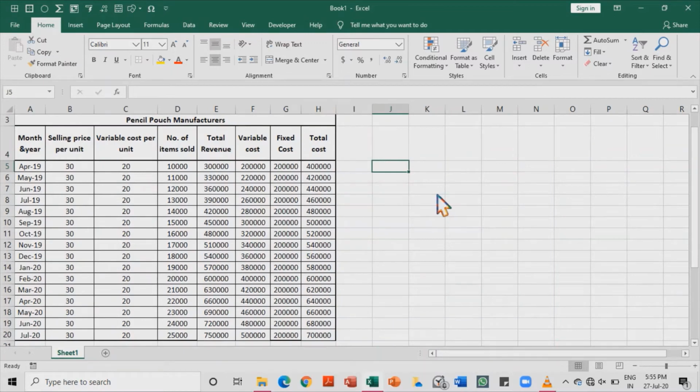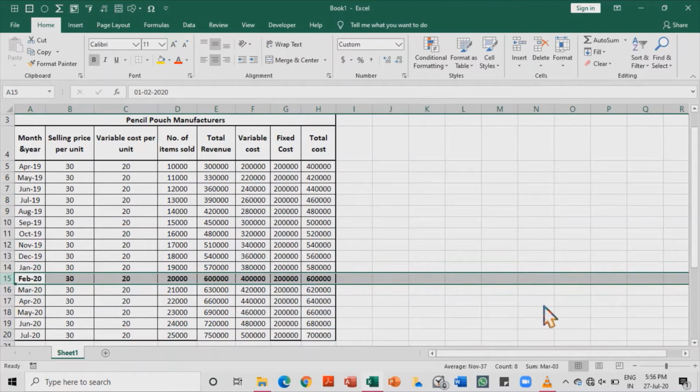Then we have to compare the total revenue column with the total cost column. Is there any similarity between the total revenue and the total cost? Not yet. Yeah, I have found a similarity. That is, total revenue is 6 lakh and the total cost is also 6 lakh, and that comes under February 2020.